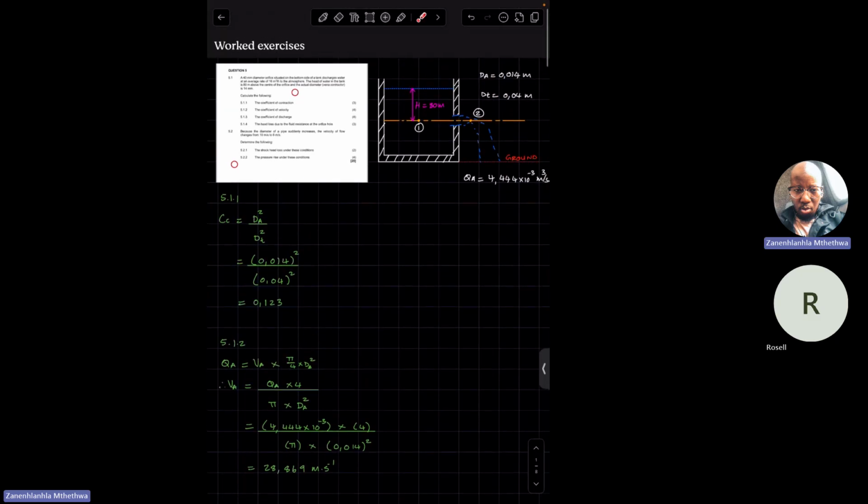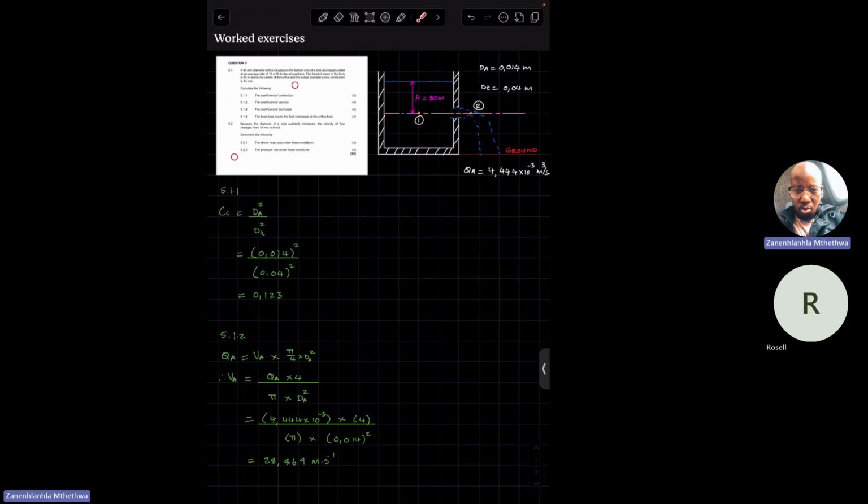These are the two exercises I wanted to highlight essentially, because I thought about sending you the videos for flow through an orifice, but then I thought of time, and I decided I'll just go through one or two exercises based on fluid in motion.